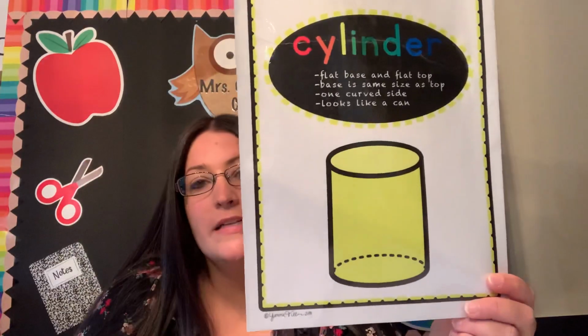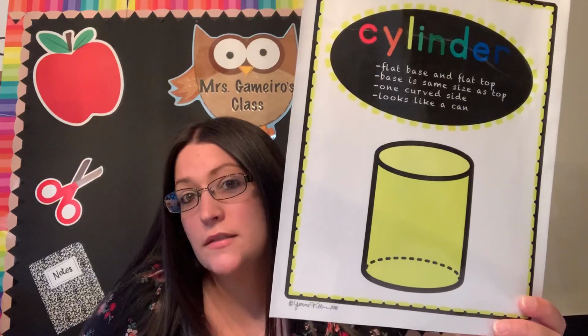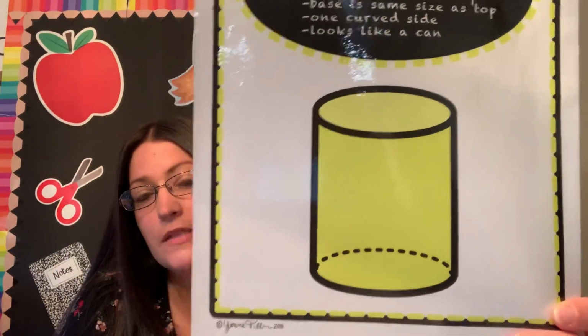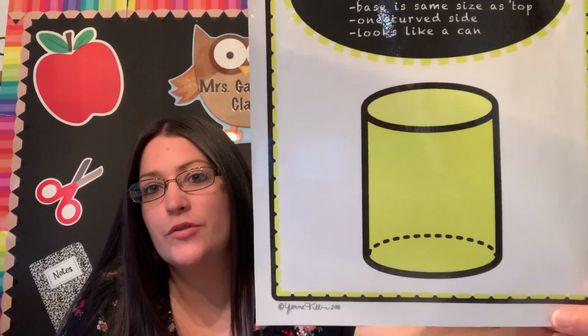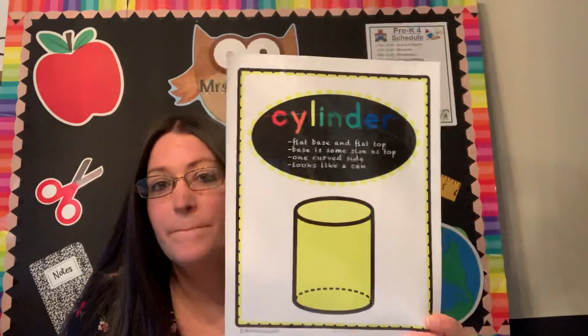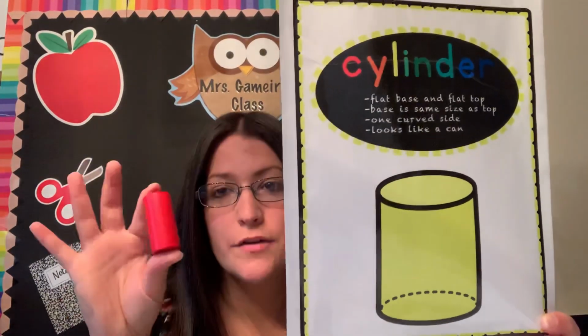Another three-dimensional shape. This is something you might see in your cabinet a lot. What does this look like to you? Some of the canned vegetables or soup cans are this shape, right? We talked about that during the recycling unit. This is called a cylinder. I have a little cylinder block here.